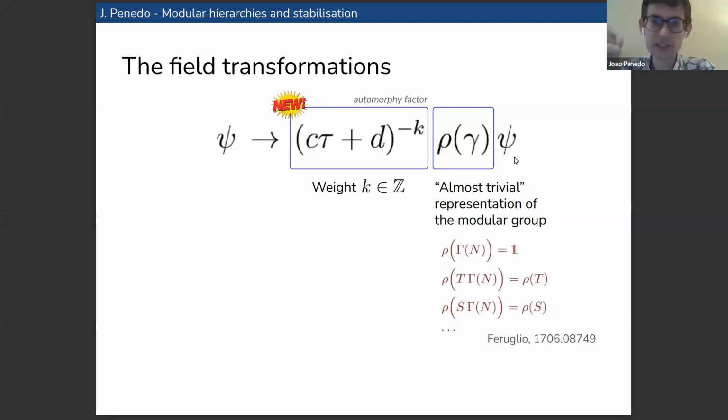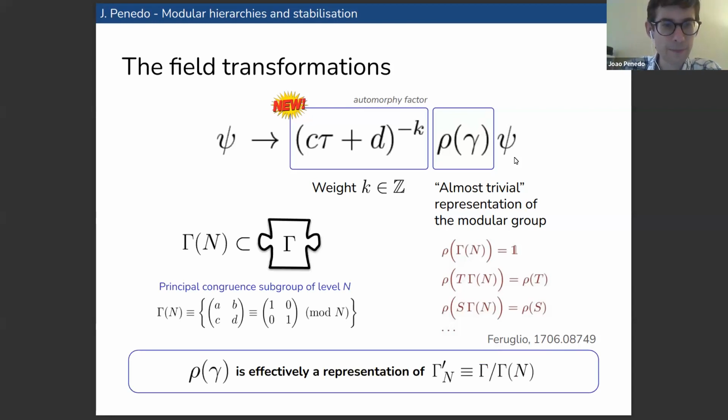There are these subgroups gamma of n. Okay, these are the so-called principal congruence subgroups of the whole modular group. You fix this capital N, let's say N is 4. And then this is the set of all elements of the modular group, which element-wise are the identity modulo 4.